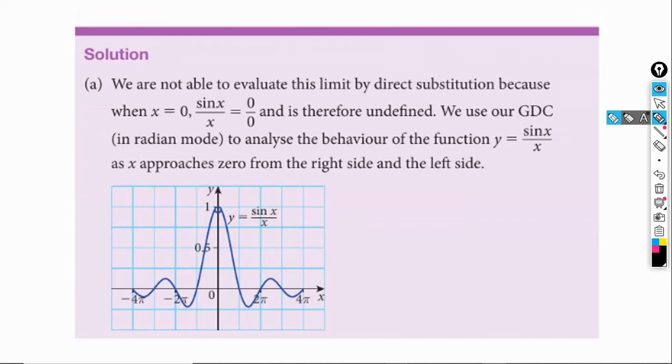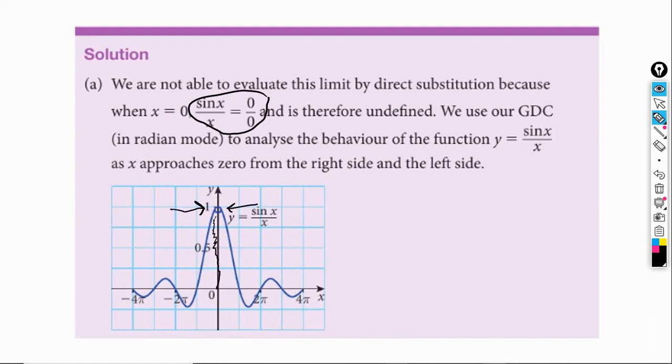And as we said before, when x equals 0, we're not really able to evaluate the limit by direct substitution because we get this and it's undefined. But if we look at the graph here, notice that although this function, sine of x over x, becomes undefined at 0, we can see that if we approach 0 from the left, as well as from the right, the function tends to 1.